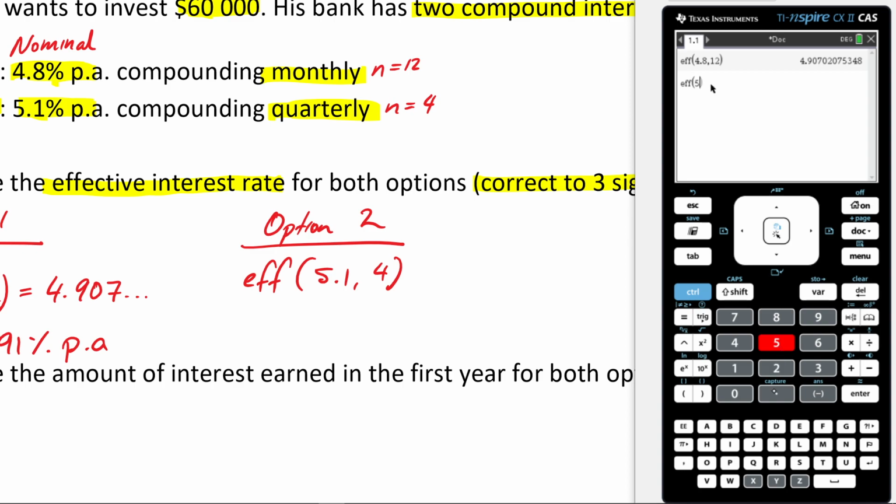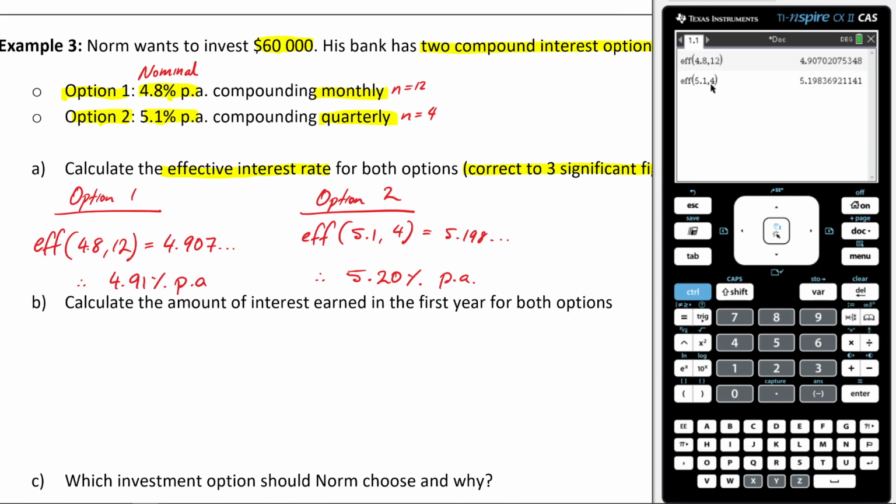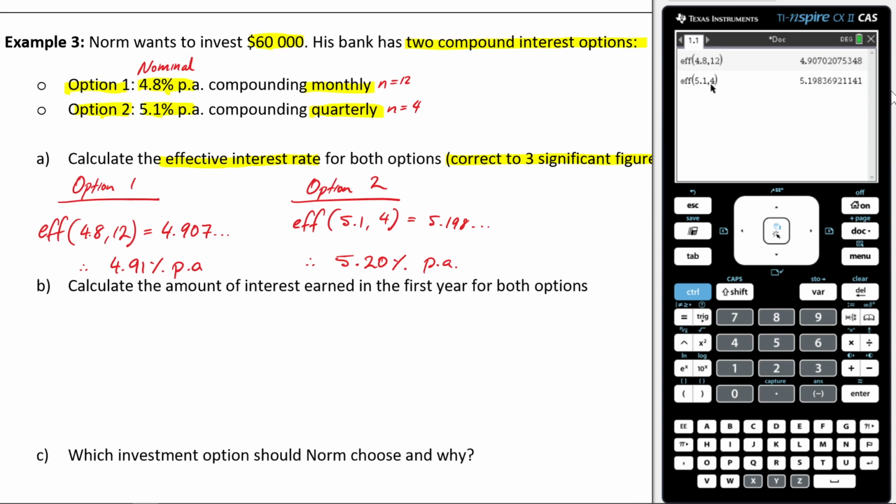I'm going to go 5.1, 4, and I'm going to end up with 5.198... Therefore, this is going to be 5.20% per annum. All right, so those right there are my effective interest rates given to three significant figures, this one and this one. So immediately you can see that option 2 is going to be better.